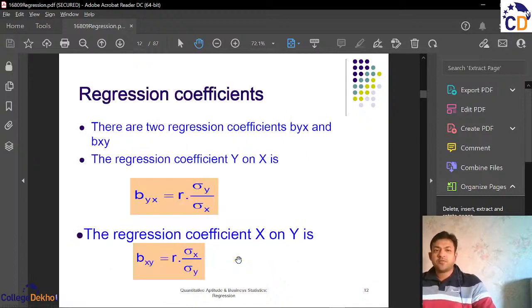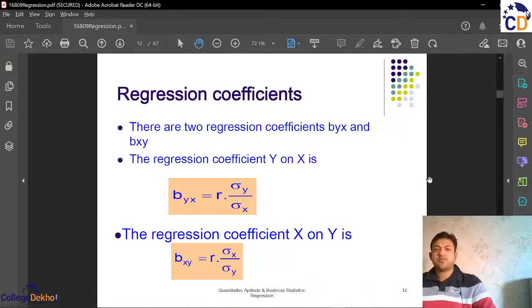Now, regression coefficients. There are two regression coefficients as we have discussed: byx and bxy. How do we calculate the value of byx? Byx is equal to small r, the correlation coefficient, times standard deviation of y by standard deviation of x.